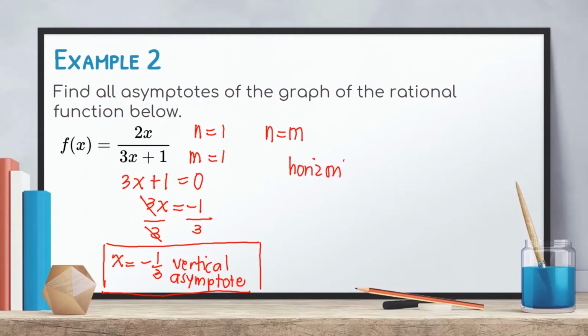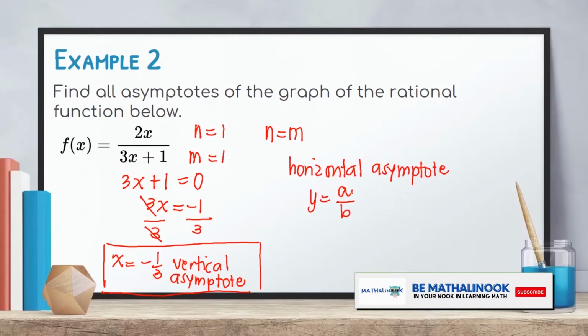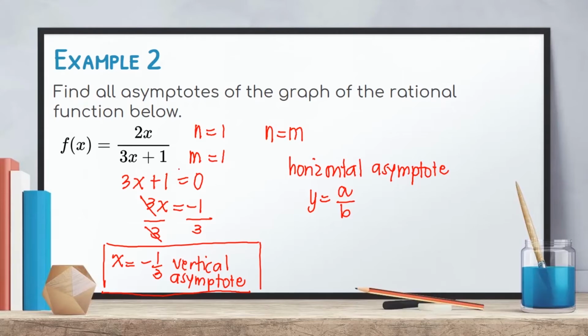Therefore, the horizontal asymptote is the line represented by a over b, wherein a is the leading coefficient of the numerator and b is the leading coefficient of the denominator. Going back to our given, the leading coefficient of the numerator is 2, and the leading coefficient of the denominator is 3.